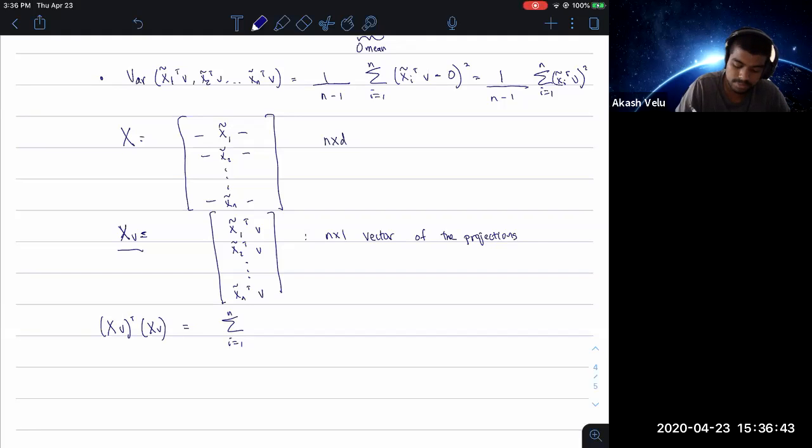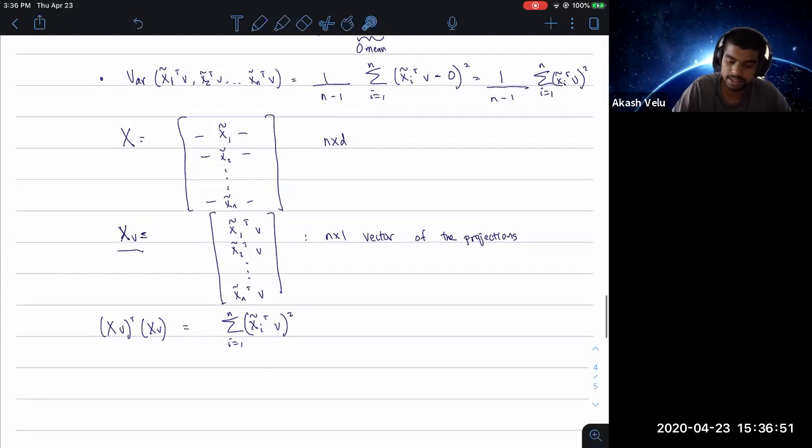The summation of all squared. You'll notice this quantity exactly, except all we need to do is take care of this 1 over n minus 1.